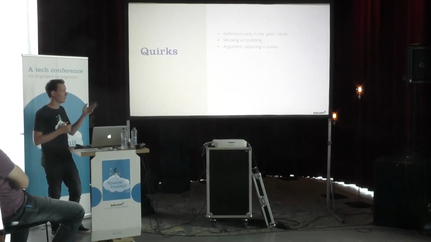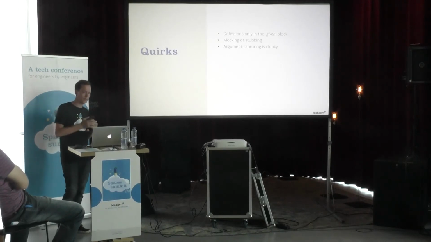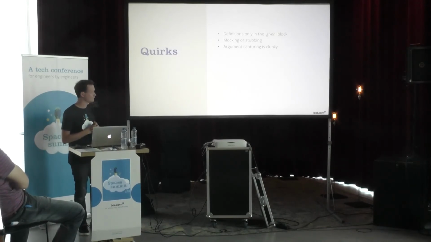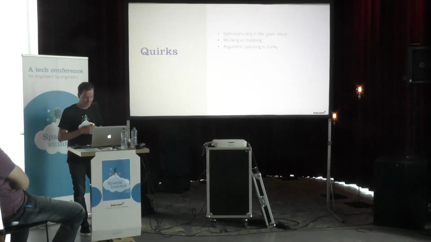And the argument capturing is kind of clunky, which I just explained: you have to do it on root level instead of inside an if branch or inside a closure. But for us, most quirks were related to Groovy, so getting the hang of that helps you with most of this.